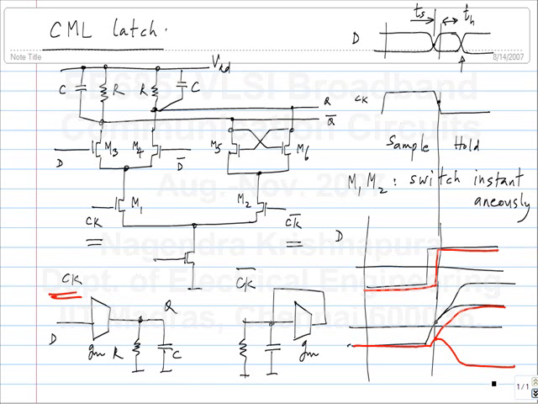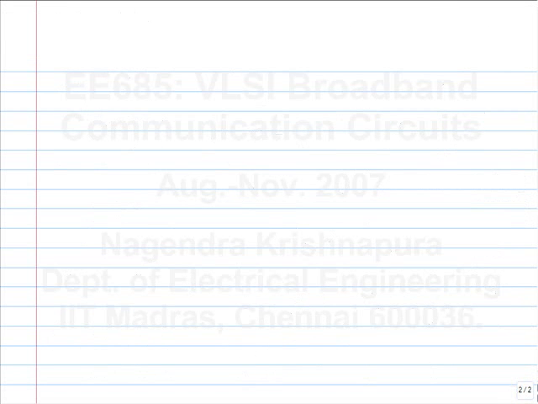If you make this GM stronger and stronger during the sampling phase, then what happens? This slope we said was GM by C, right? The starting slope of this. So, it will tend to go faster and faster. Let me make another diagram for this.